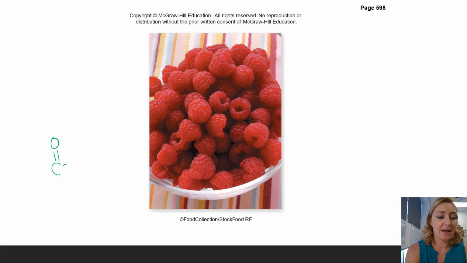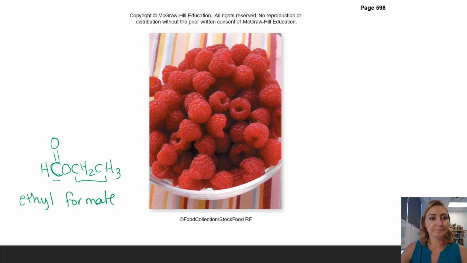And then the oxygen side has 2 carbons because it's an ethyl group. And I can't forget this single carbon is going to need a hydrogen on it so that it has 4 bonds. So this would be ethyl formate. There's my ethyl, and then a single carbon makes ethyl formate.